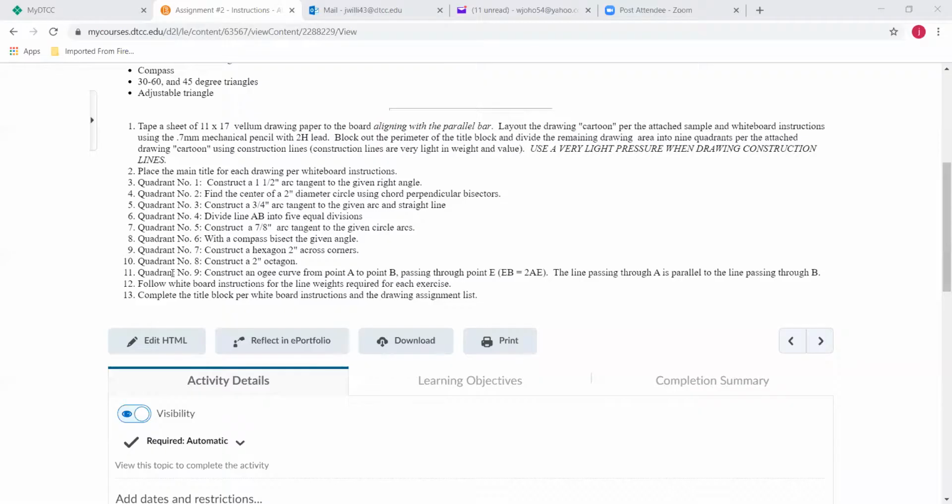We're going to be in quadrant number 6, using a compass to bisect a given angle, okay? So we have this angle at 53 degrees, and we want to bisect that angle into 2 equal angles. So here's all you have to do.